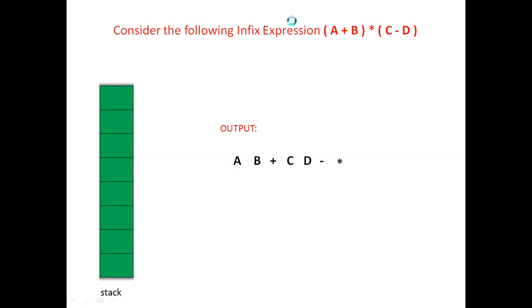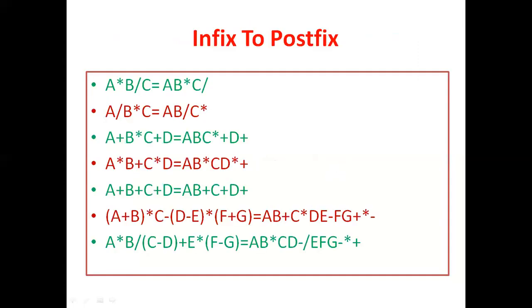So this is the postfix expression of our infix expression a plus b into c minus d. That is ab plus cd minus and asterisk. If you observe examples 1 through 7, this is the infix form and this is the postfix form.